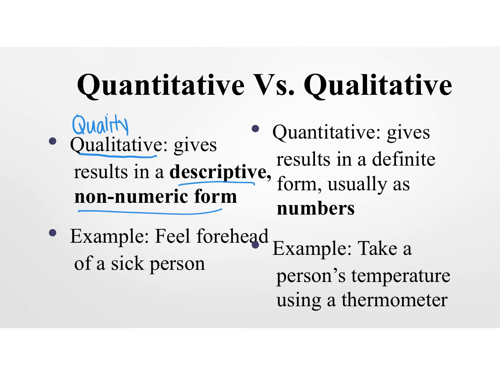So for example, if someone's sick, a qualitative measurement you could make is you can feel their forehead. And if they have a fever, what are you going to feel? Hot. Like they're going to feel abnormally hot. Okay, so going off of feel, and you just say, oh, they are abnormally hot, that's an example of a qualitative measurement.